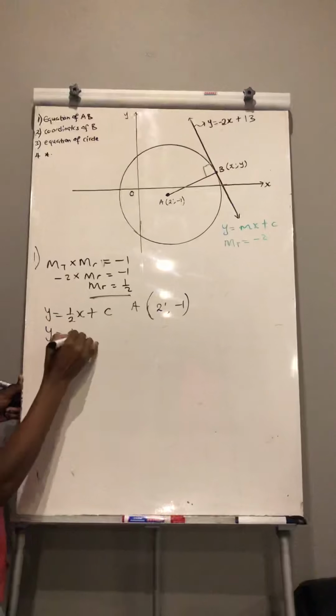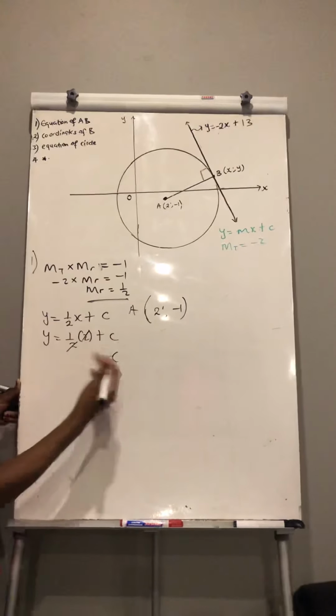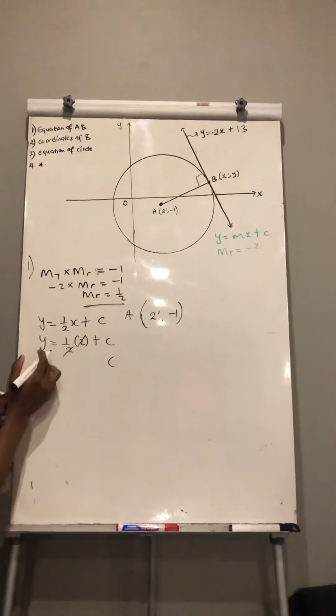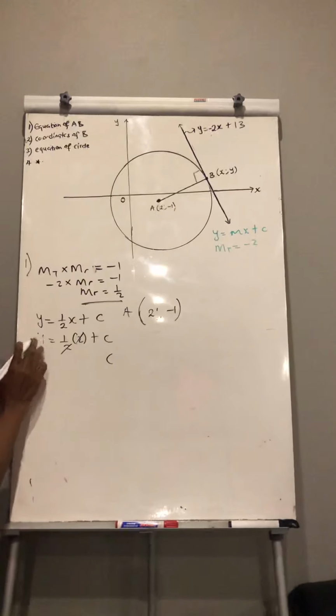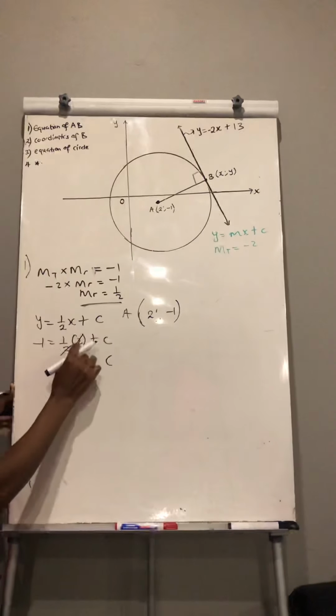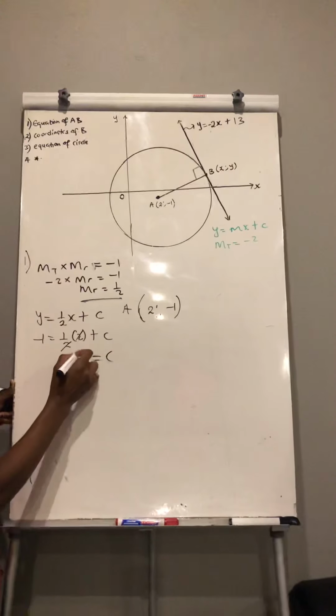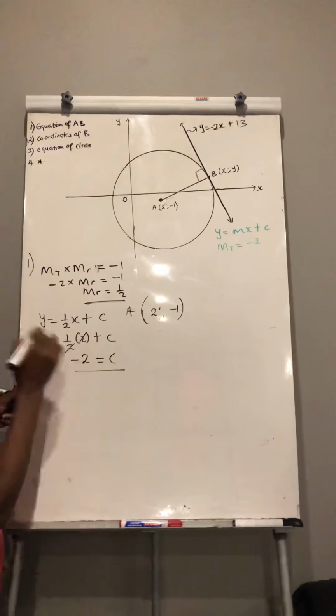That point A can be used to get this equation going. So I am going to just do this, and I am pretty sure that you are seeing exactly what's happening. Excuse me, I'm going to put minus 1 here in place of y and 2 in place of x, which will give us a c value of negative 2.